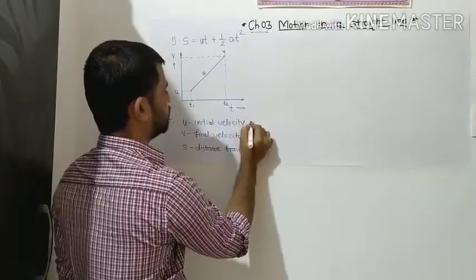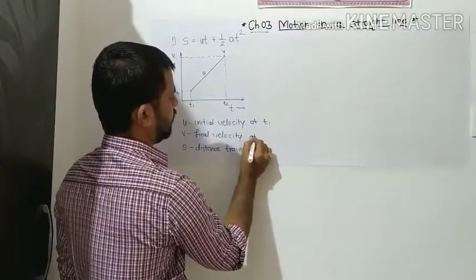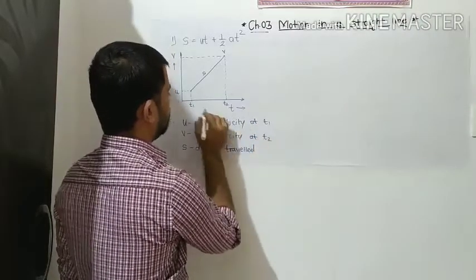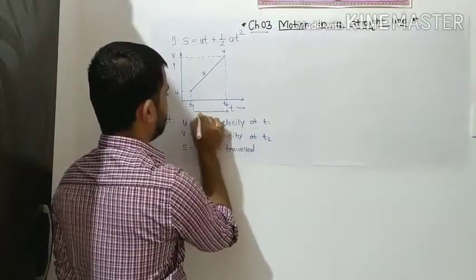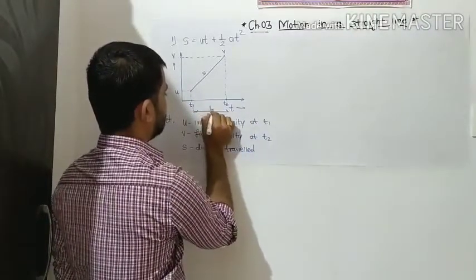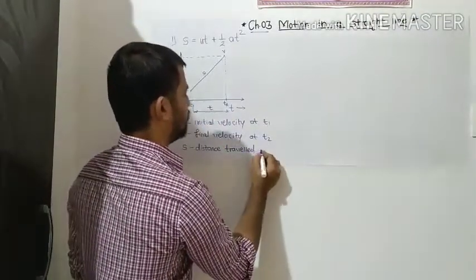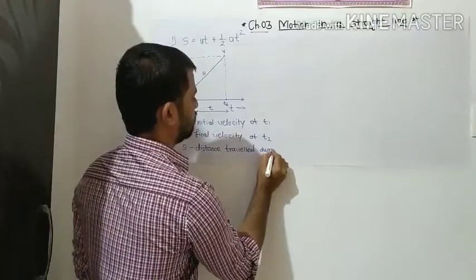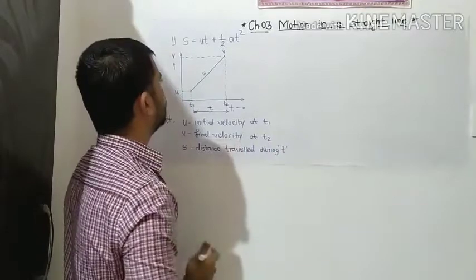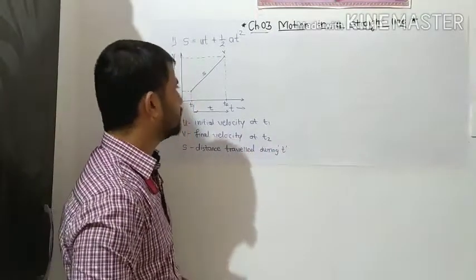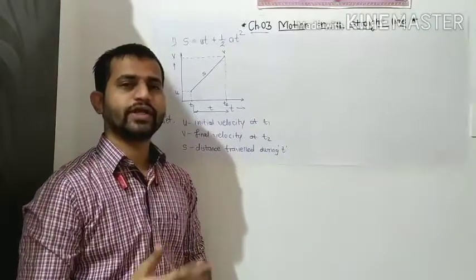So u is the initial velocity at t1, and at t2 the final velocity is v, and let us consider that this is the time period of t. This is the distance traveled during t. If we find the area of this curve, then we will get this equation.